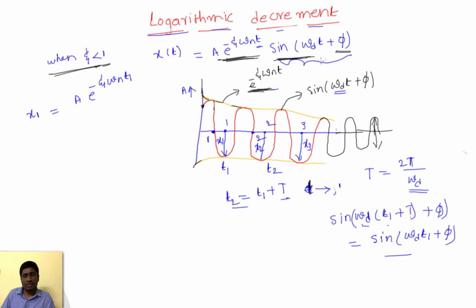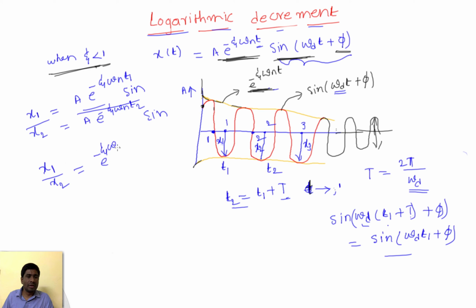In both cases the sine is the same. And x2 is again A e power minus zeta omega n t2 into sine. If I divide these two, the sines get cancelled. So x1 by x2 equals e power minus zeta omega n, which is common, into t1 minus t2.